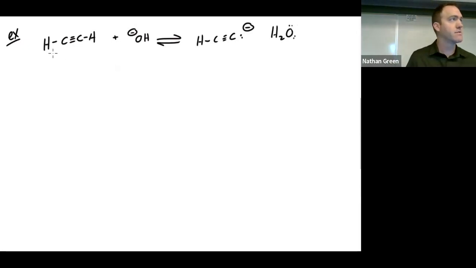So if you've done any welding and you've ever used an acetylene torch, this is one of the tubes that you have coming out. You mix it with oxygen, strike a match, and use a striker. It makes a very hot flame and it's very good at cutting steel. Acetylene can react with this. It's called hydroxide to make acetylide anion and water.